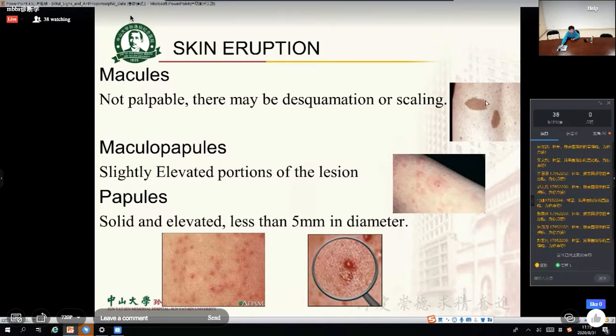And these are the papules. A papule is solid, elevated, and less than 5 millimeters in diameter. So there are different definitions that you need to know if you are going to be a skin doctor.